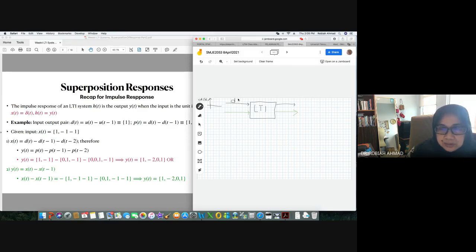So this is delta(t). The impulse is just one unit step between 0 to 1. If we write it in terms of the unit step, our delta(t) is equal to u(t) minus u(t minus 1).